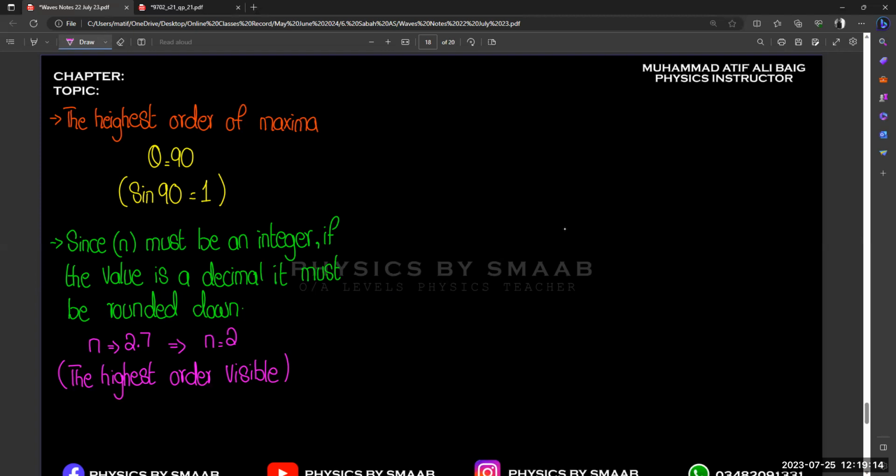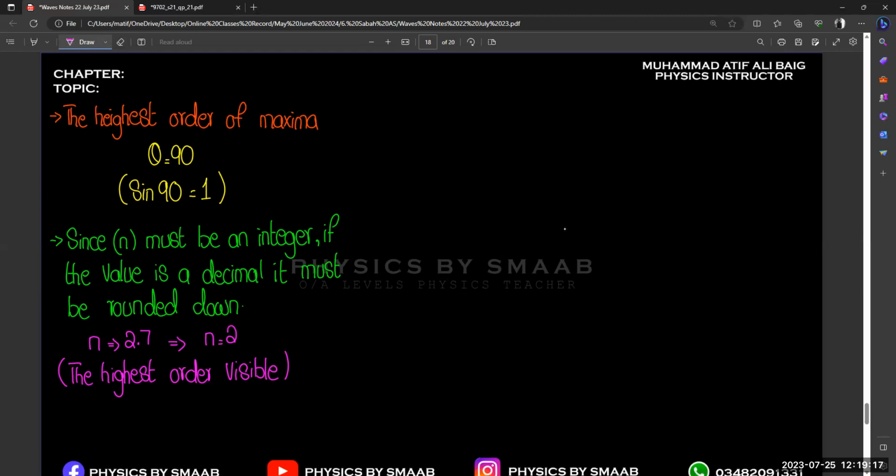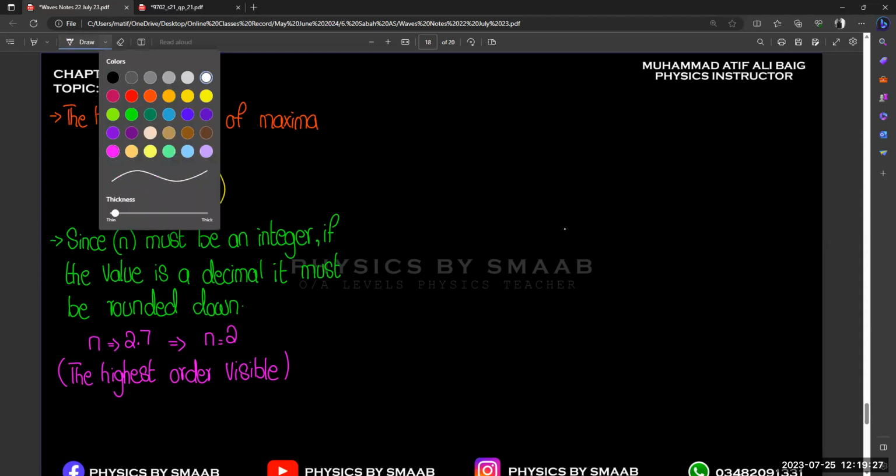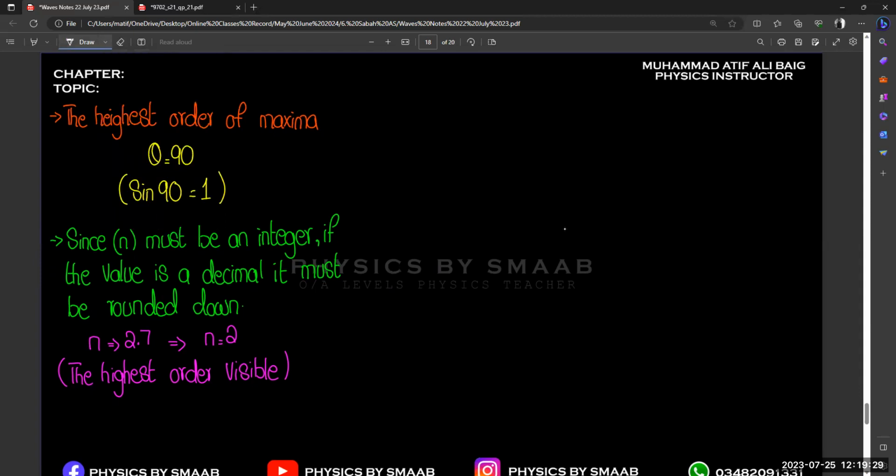And the last thing in this chapter and this topic is, let's suppose if you want to find out the wavelength or lambda from the diagram. So let's suppose we consider the diagram one more time. So this is our diffraction grating and this is the screen.